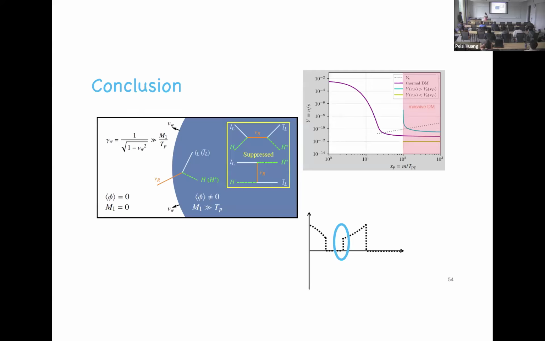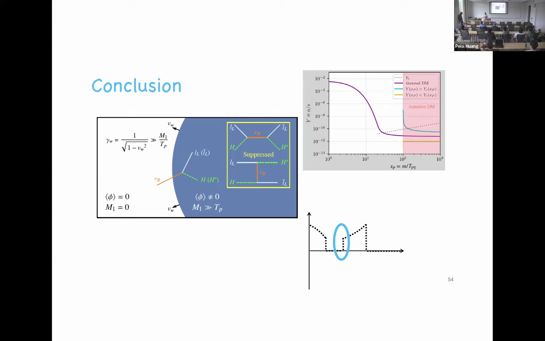So for this we need the phase transition to be supercooled, so at any given time there are not that many bubbles in the same Hubble patch. So you still have the typical story for the topological defects. That's where the naive estimation that I show here comes from. In this case, you end up with many cosmic strings within a Hubble patch, which is different from the usual case, where normally you have a single, order one, cosmic string within a Hubble patch.